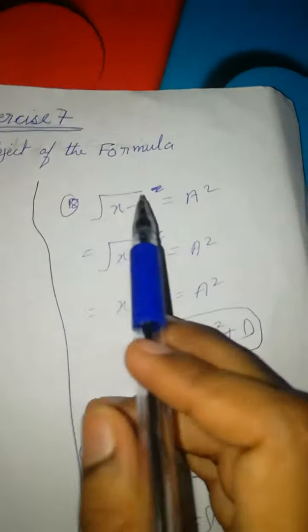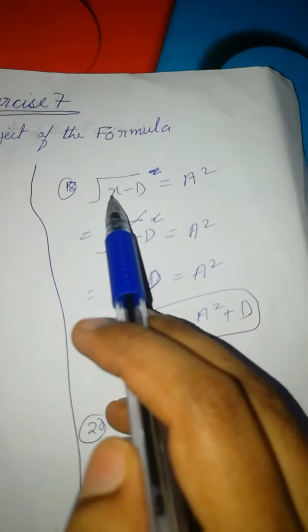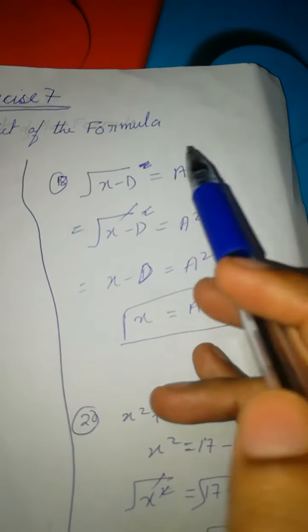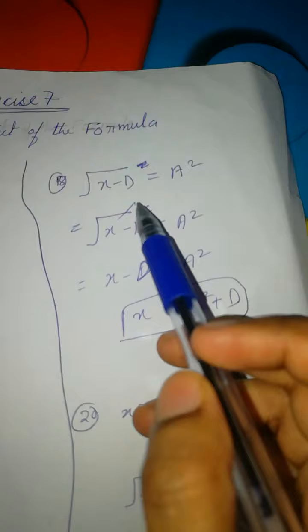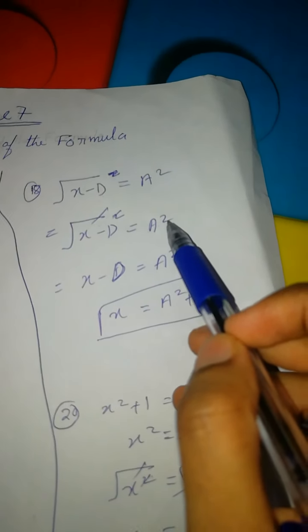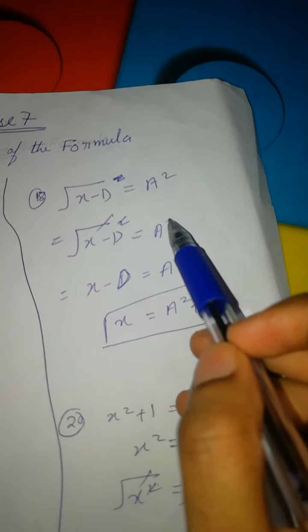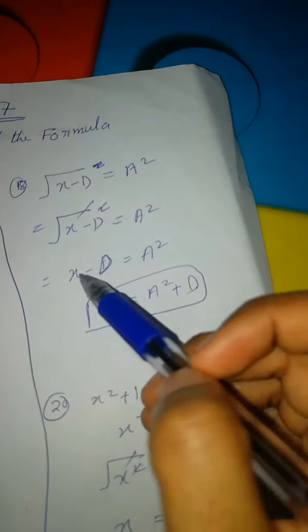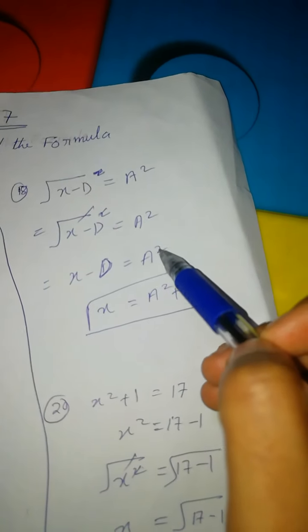See why I am doing this question. The question is the square root of x minus d equals a square. Now you have to put a square here to remove the square root. So what will you do for this number? Here a square is already there, so you don't have to put a square to this number because it is already there. Now cancel. It's x minus d is equal to a square.